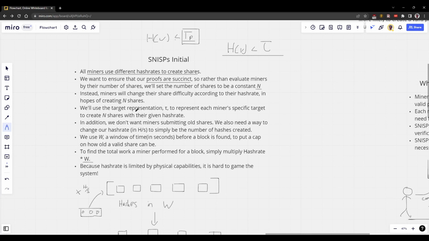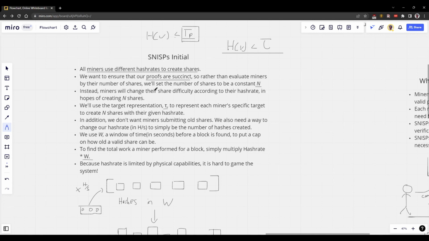We're going to call this target Ta. Ta is going to be the target chosen by the miner in order to essentially create n shares with their given hash rate.